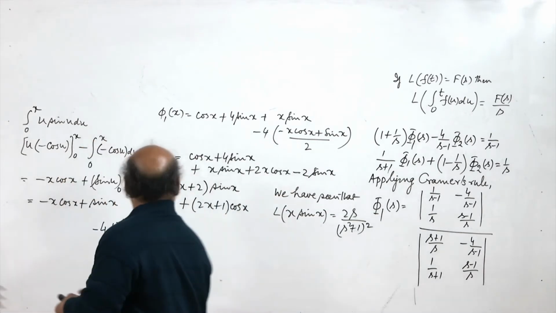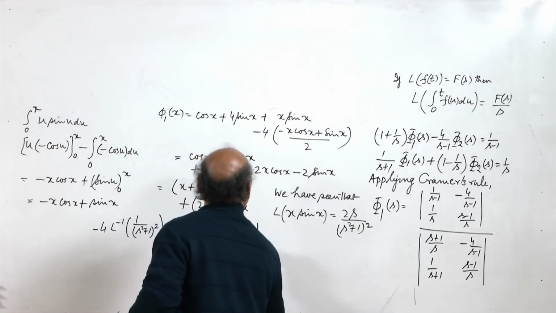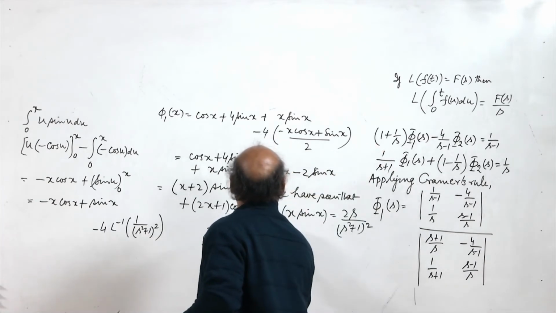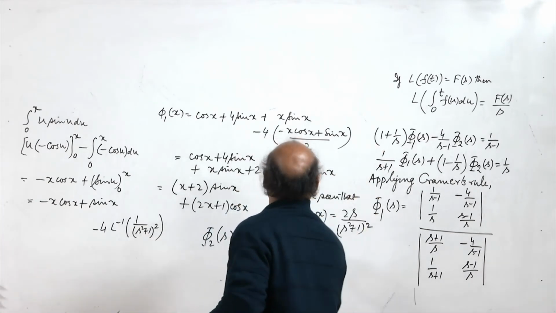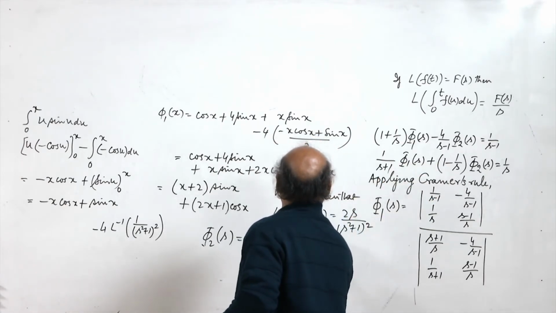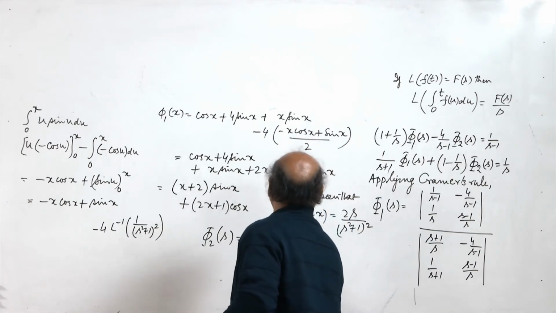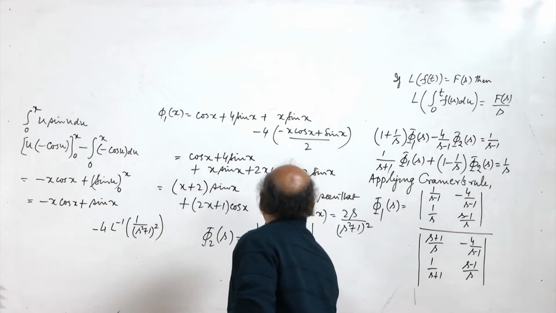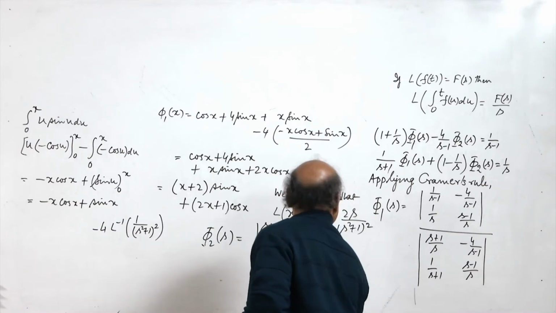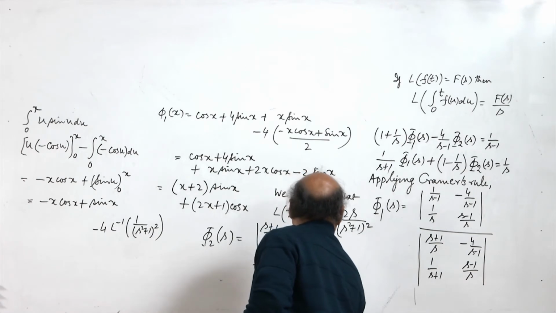Similarly, we can find phi 2 x. Phi 2 s is equal to the determinant s plus 1 by s, and then we have 1 over s plus 1, we have 1 over s minus 1, and then we have 1 over s here, divided by s plus 1 by s, minus 4 by s minus 1, 1 over s plus 1, s minus 1 by s.